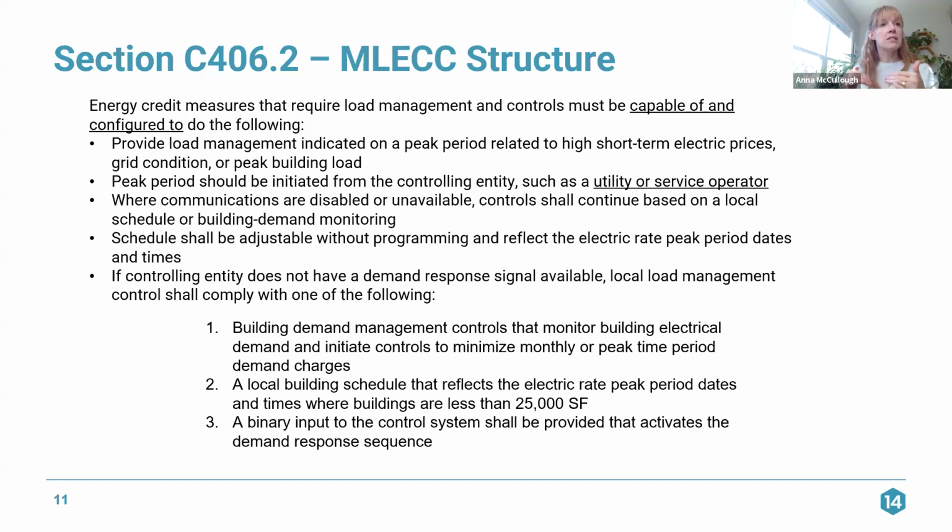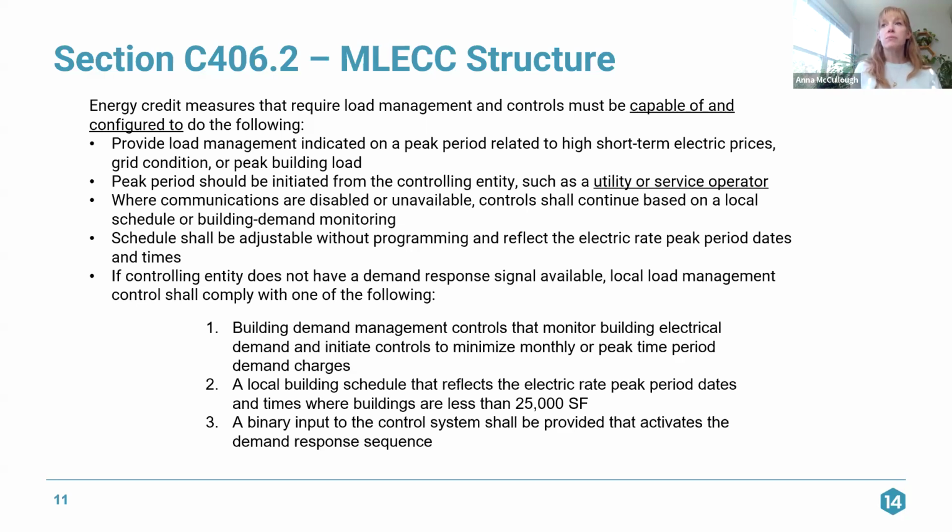There are a lot of requirements within the text of the code around how this needs to be coded. I didn't include them here because I didn't think that was necessarily the most relevant for you all in the time that we have available. But if you have any questions about that, we're happy to talk through that.